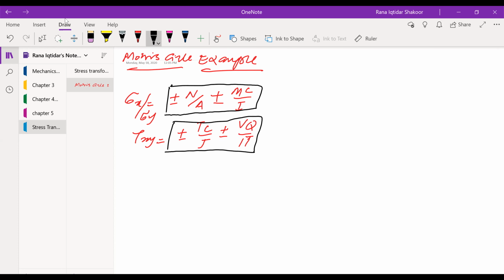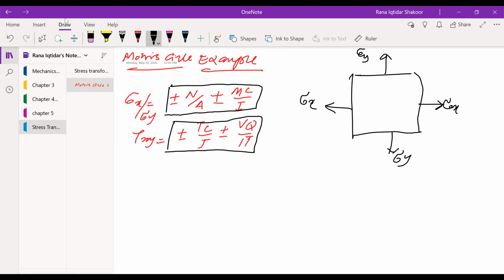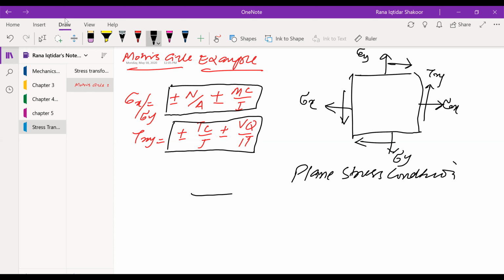If you look at this particular example, this is what we have already seen many times: this will be sigma y, this will be sigma x, likewise sigma y opposite sigma x, and then you have tau xy, and opposite to this, head to toe and toe to head, like this one, right? So these are the plane stress conditions, right? So let's solve an example.